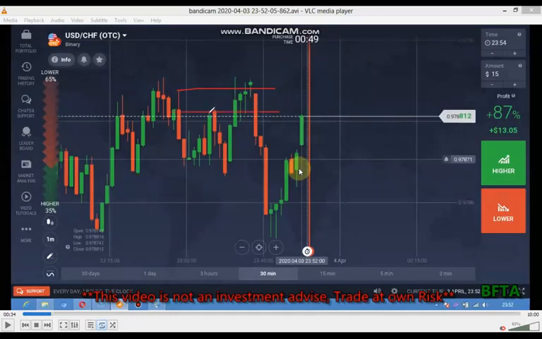There's a rejection in this bullish candle, so we can count this space here as the sellers area. So now watch where this bullish candle closes.